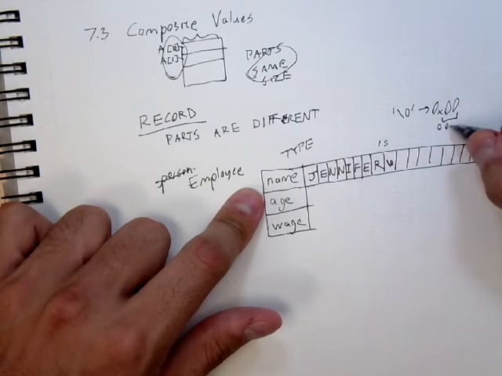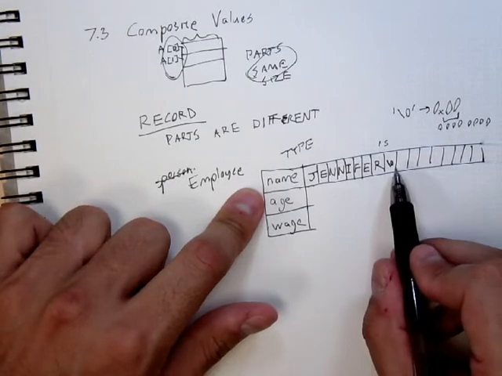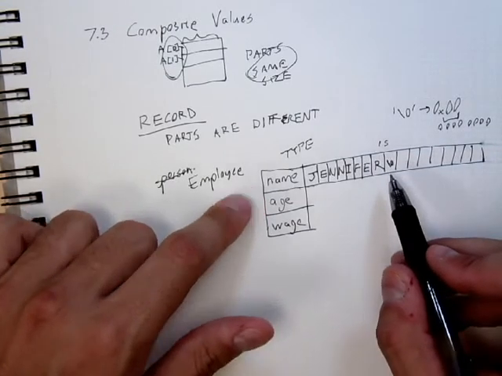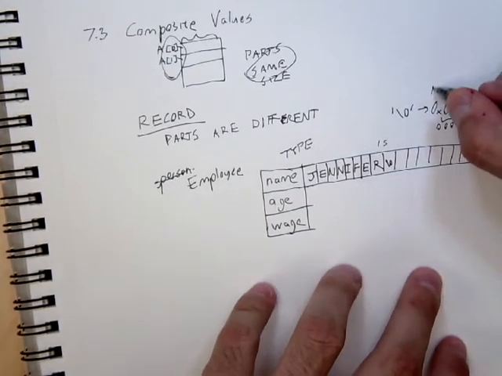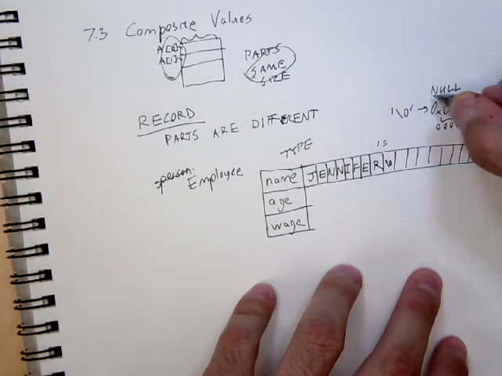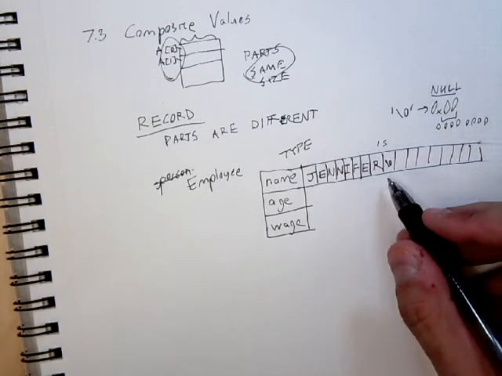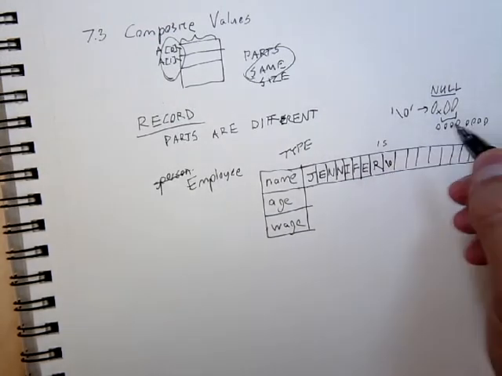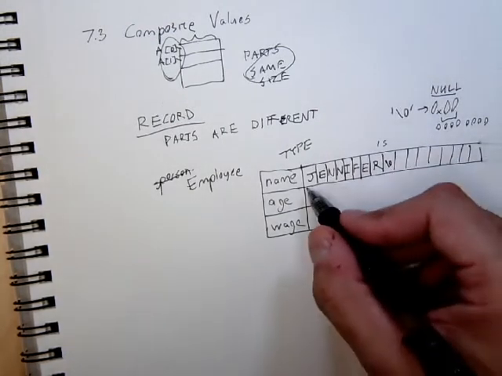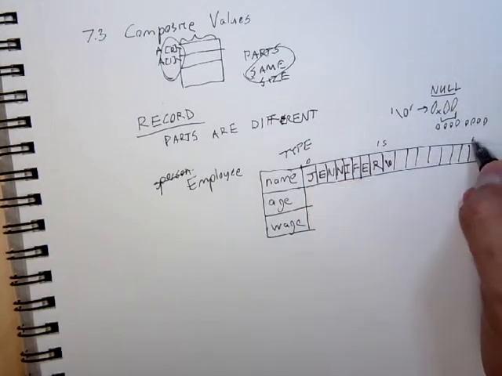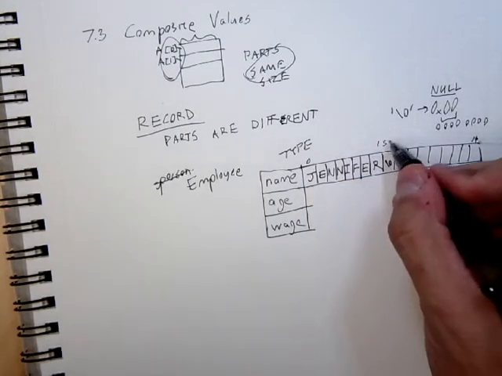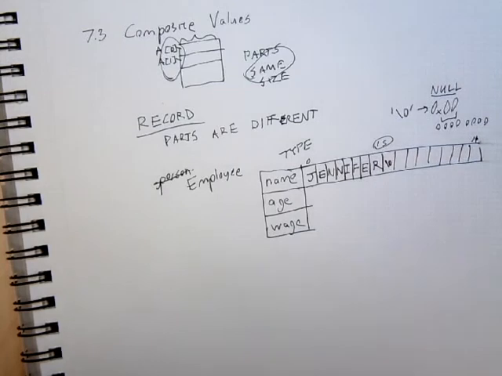In binary, that would just be 8 zeros. That's used to indicate the end of a string. We call that null, and we say this is a null terminated string. So you need 15 different characters, a size of 15 for that field.